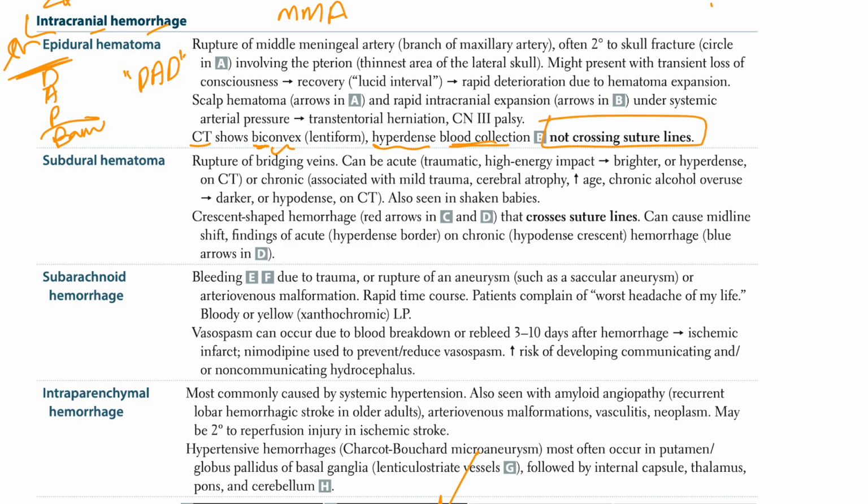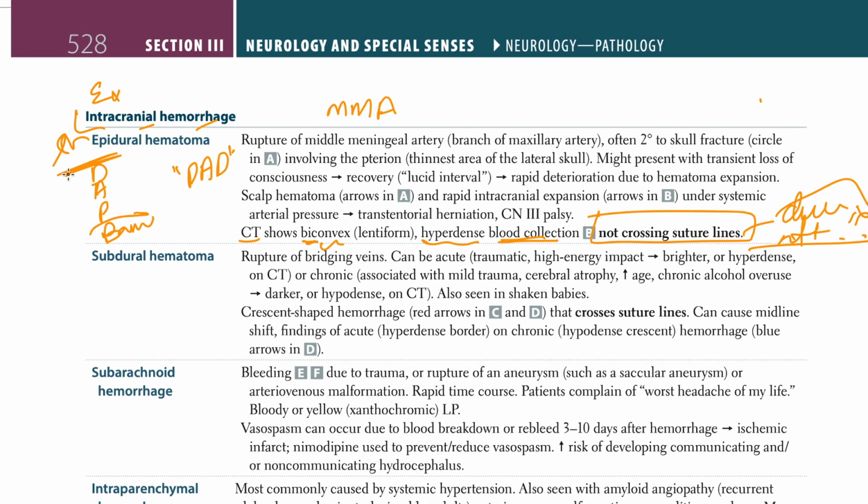And why is it not crossing suture lines? Because dura is attached to the suture lines and dura is intact. So there are suture lines here, and dura is intact from one suture line to another.